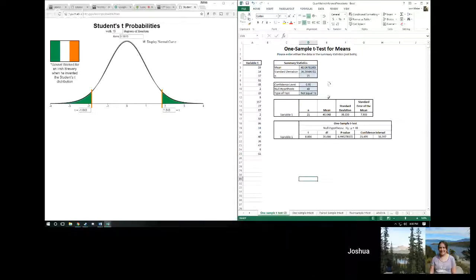And same for the standard deviation. Yep, I see it. Okay. Make your N 21. And then change the null hypothesis and the type of test. When I put mine in, I put A to A instead of a certain cell.